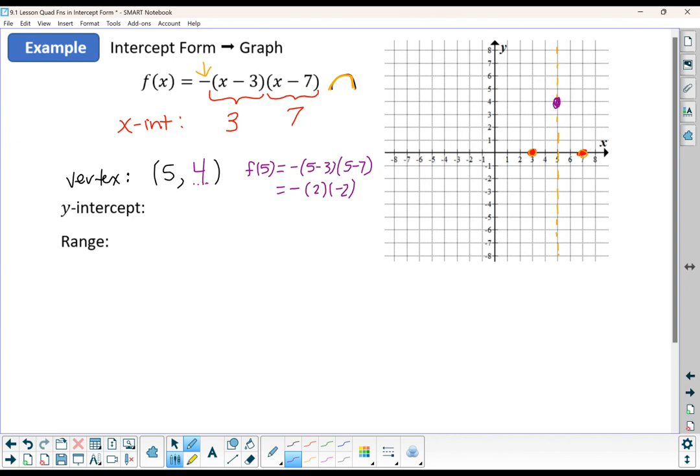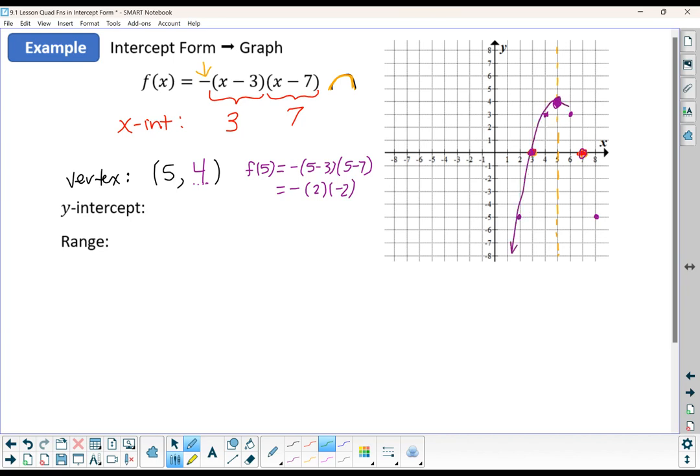So my vertex is here at 5, 4. And if you start thinking about the 1, 3, 5 pattern, you can see that that's happening here. Down 1, over 1, down 3. And so another point I would have would be here. And I could sketch out a couple of points to get a nice shape on my parabola.